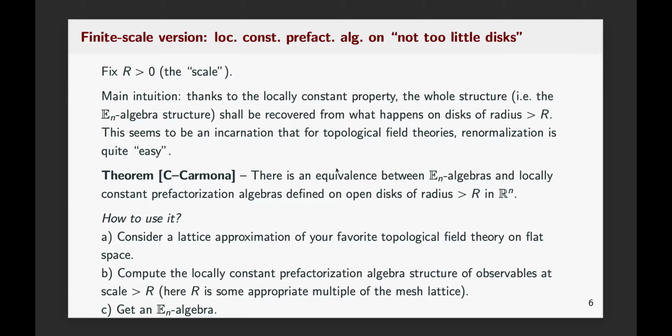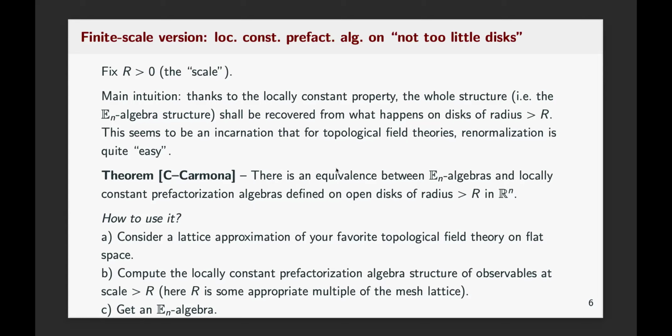Now, how can we use this? For concrete models of topological field theory, the idea is the following. Pick your favorite topological field theory, consider a lattice approximation of it, then compute the observables on a big enough open subset. Why big enough?